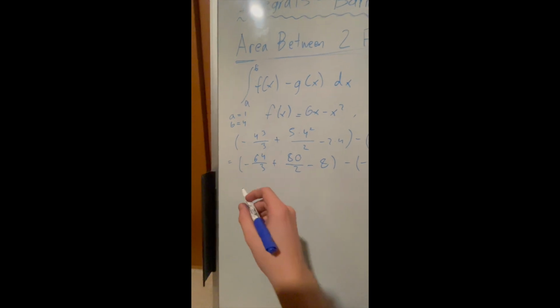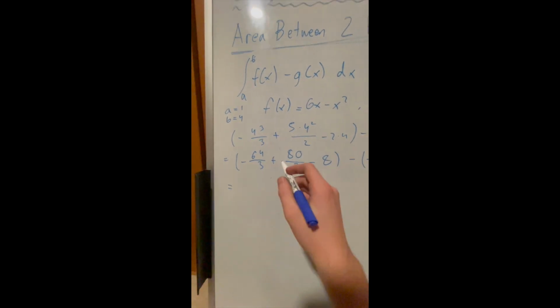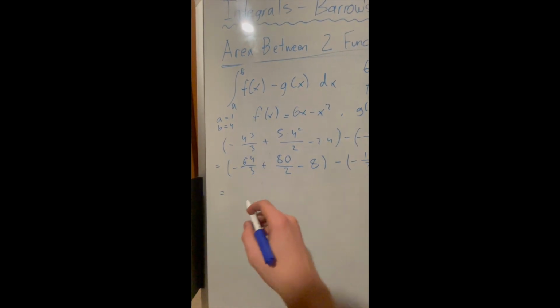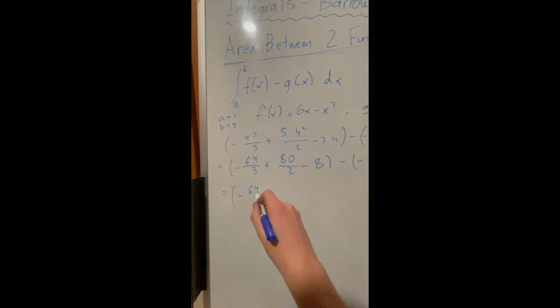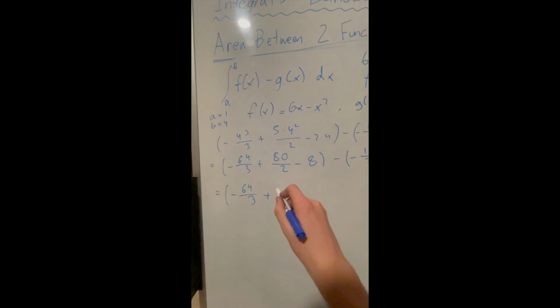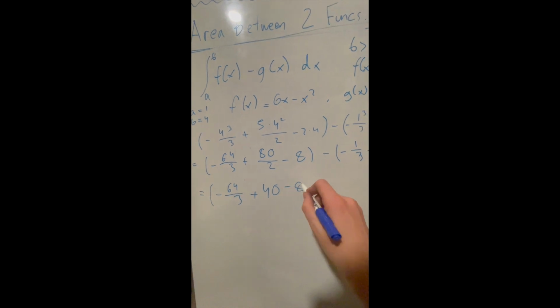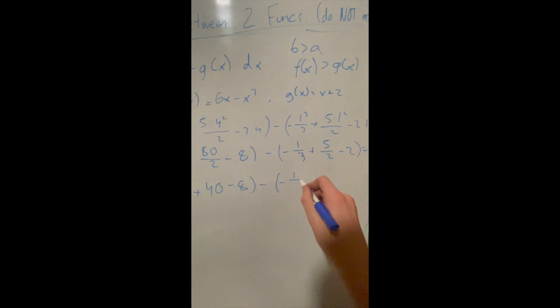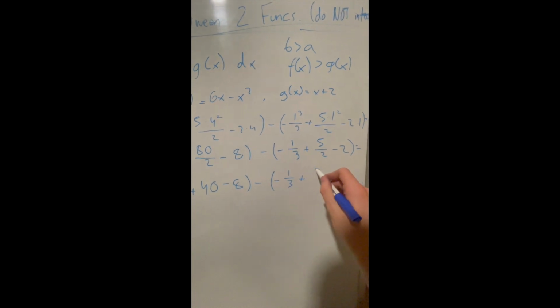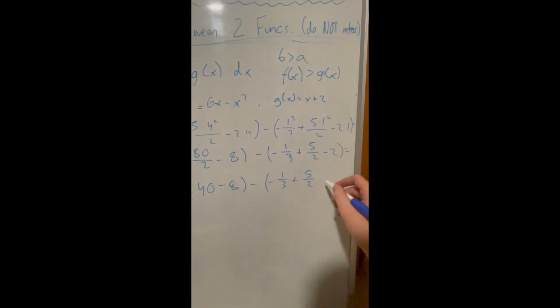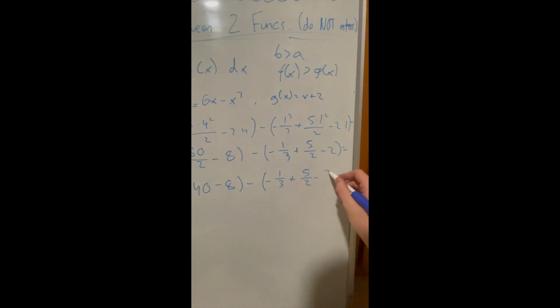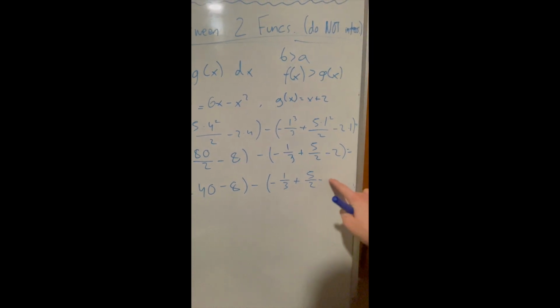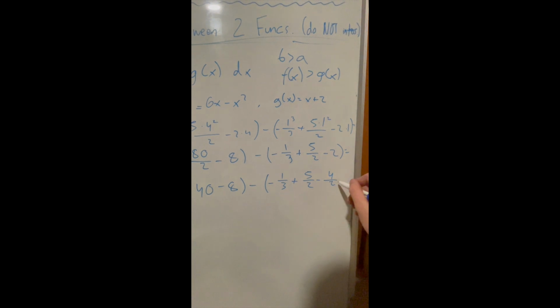This is going to be equal to minus 64 thirds plus 40 minus 8 minus 1 third minus 1 third plus 5 halves, and let's say that this is minus 4 halves.